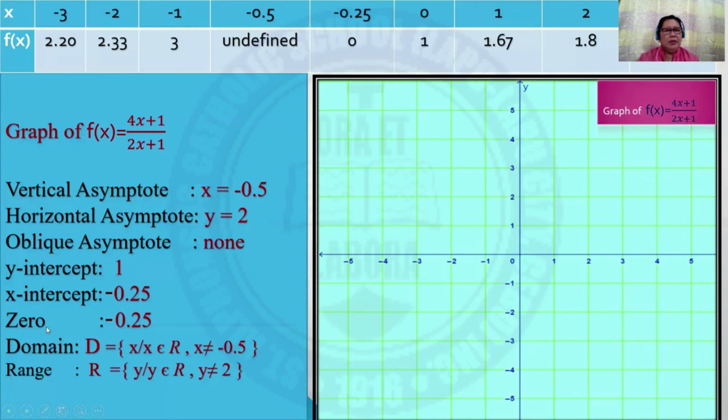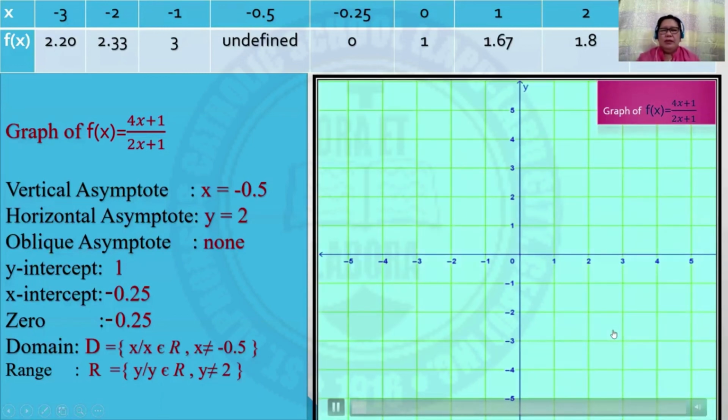The zero or the root is negative 0.25. Then the domain is the set of x such that x is an element of R and x is not equal to negative 0.5. Then the range is the set of y such that y is an element of R and y is not equal to 2.